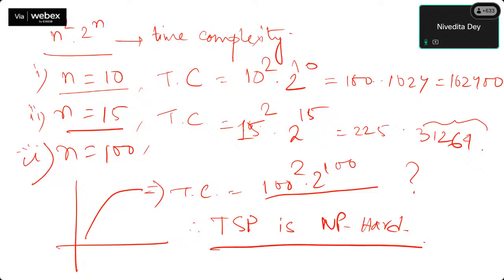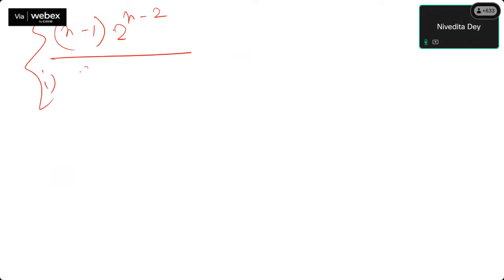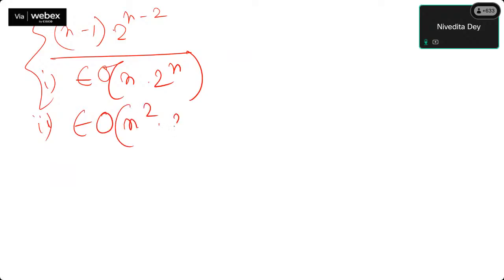So what are the few points that you should be remembering here? What is the number of subproblems? To be very precise, it's (n minus 1) into 2 to the power n minus 2. Then what is the complexity for space? It's n into 2 to the power n. Then what is the complexity for time? It is big O of n square into 2 power n.